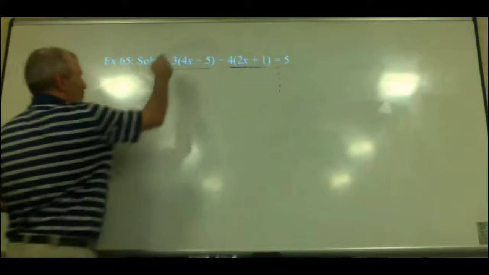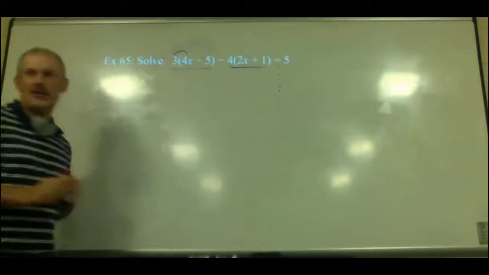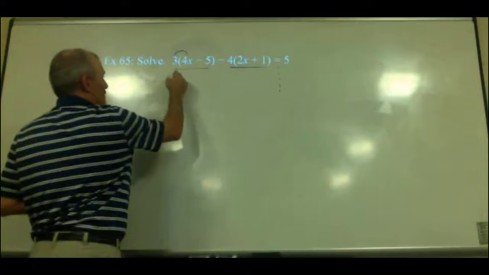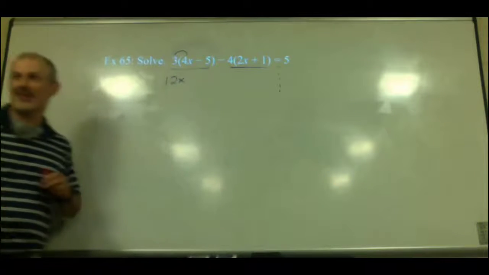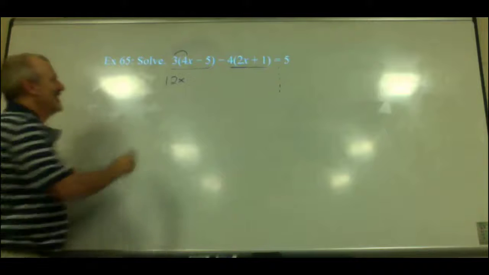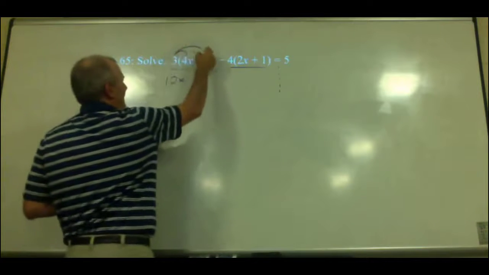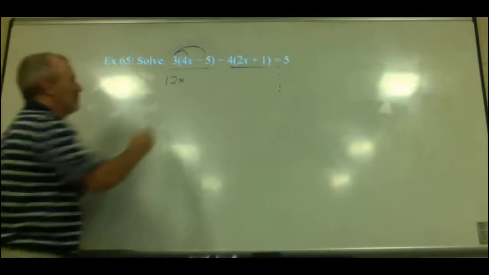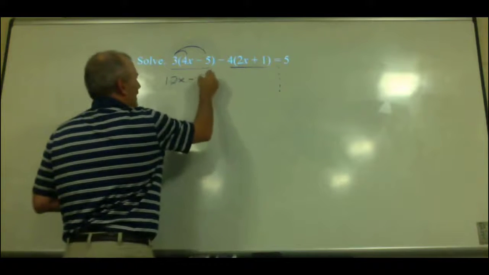So what do we get here? 12x. Is that okay? 12x? That's correct. How about here? Negative 15. Yep. Okay, now be careful.